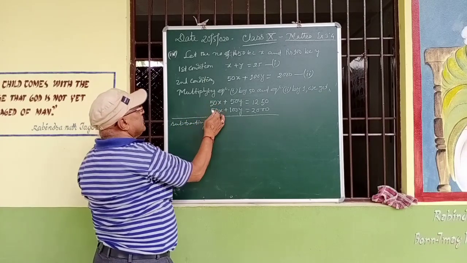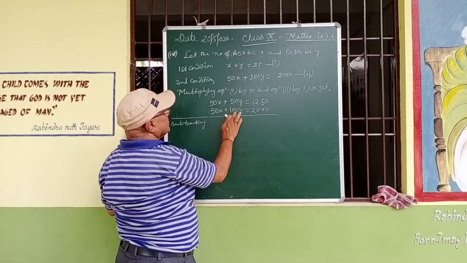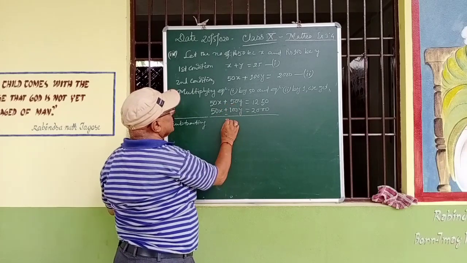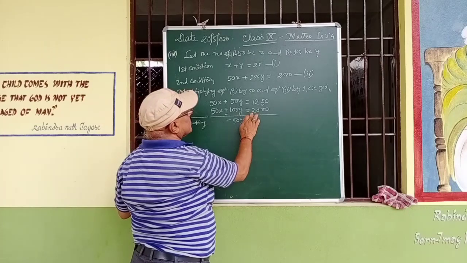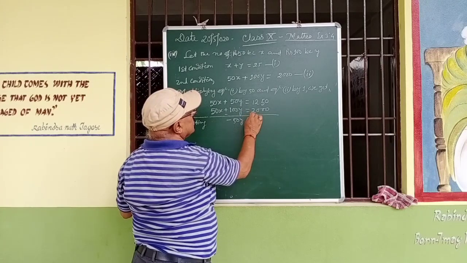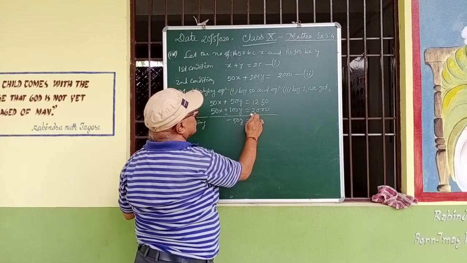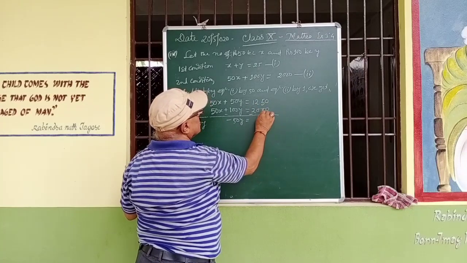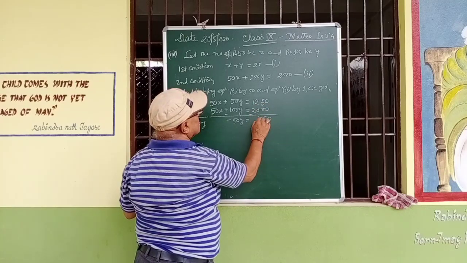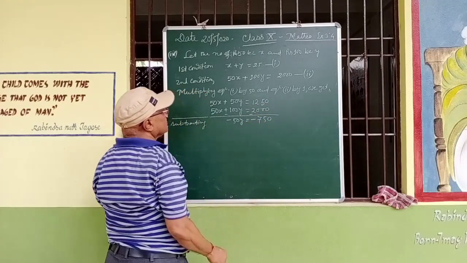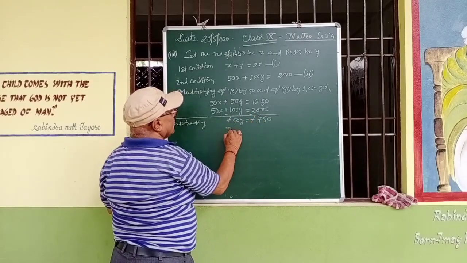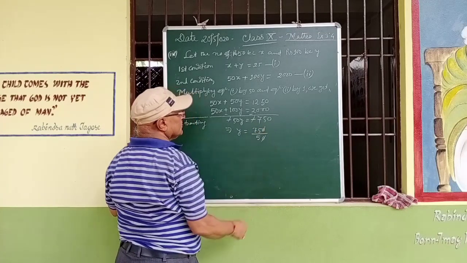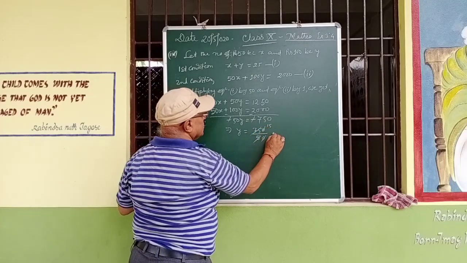Subtracting, 50 minus 50 is 0, and 50y minus 100y is minus 50y, and 1250 minus 2000 is minus 750. The minus signs cancel, or y is equal to 750 by 50, which is 15.